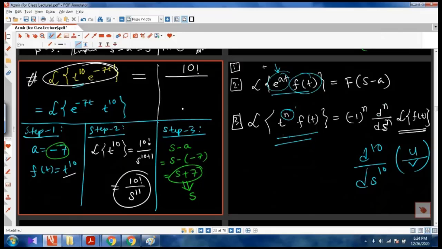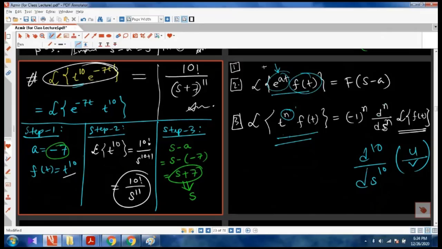Where we have s, we have to input s plus 7, power 11. So this is our answer. Okay, have you understood? Yes, sir.